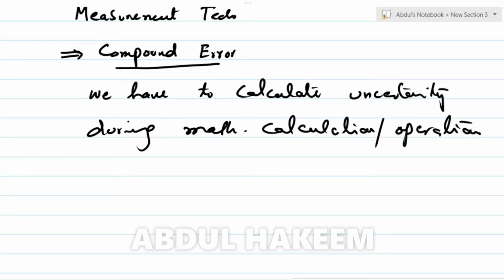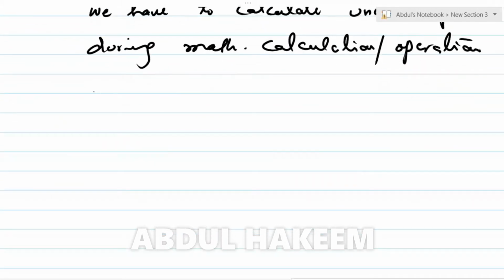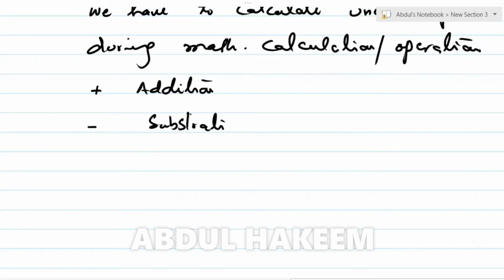And the simple mathematic operations are, number one, addition. Number two, subtraction. Number three is the multiplication.